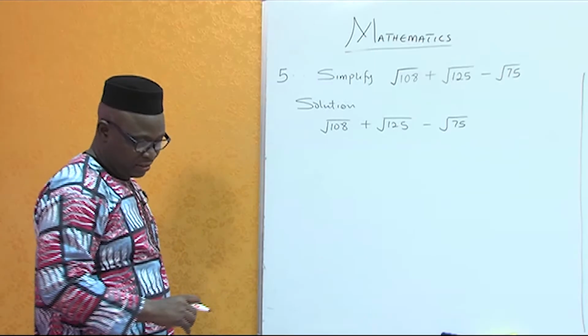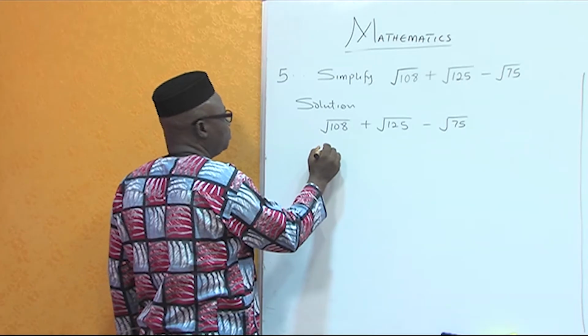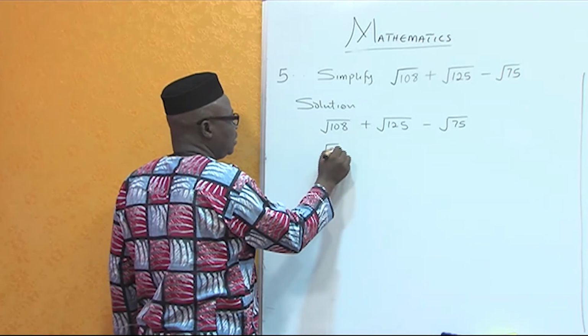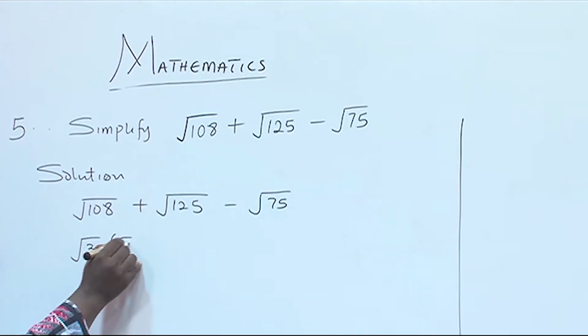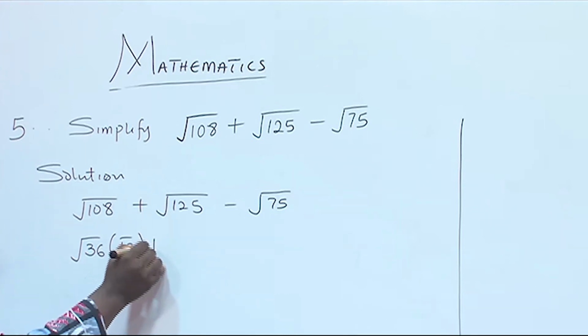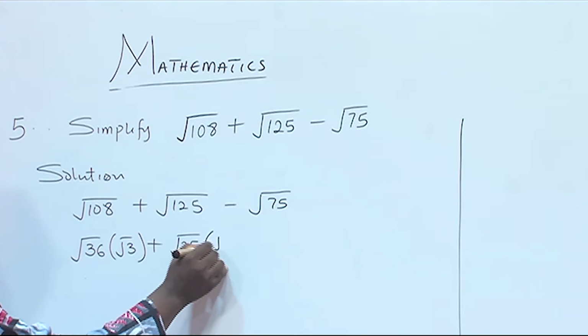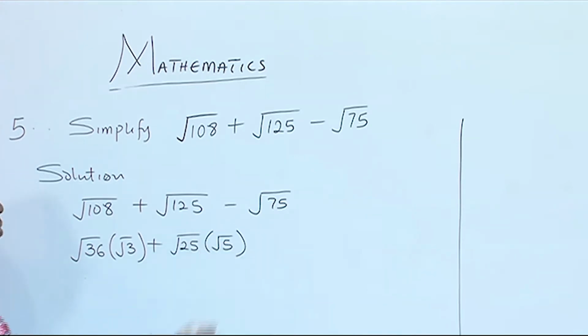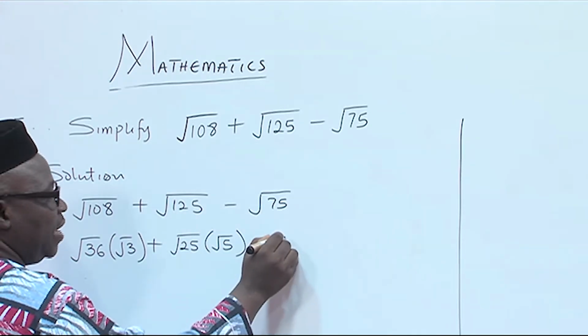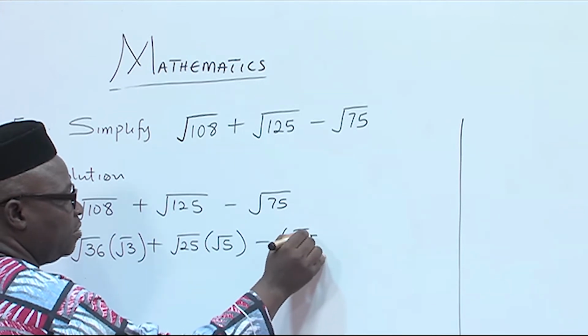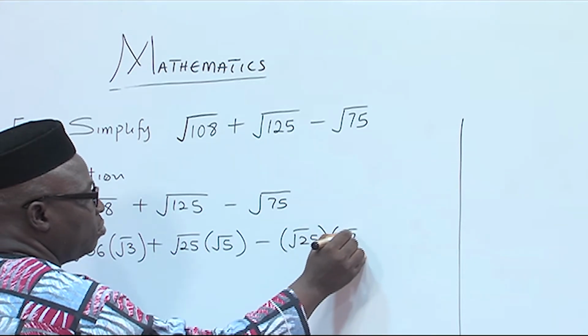Root 108 is the same as root 36 multiplied by root 3. Root 125 is the same as root 25 multiplied by root 5. And root 75 is the same as root 25 multiplied by root 3.